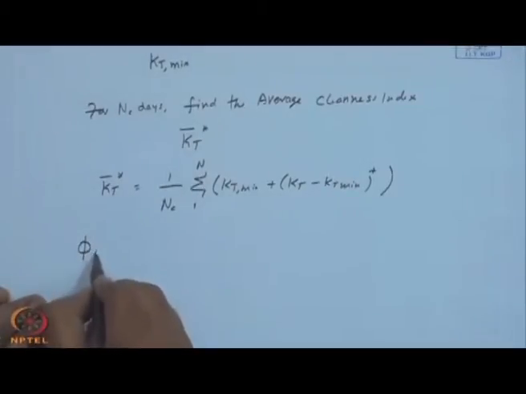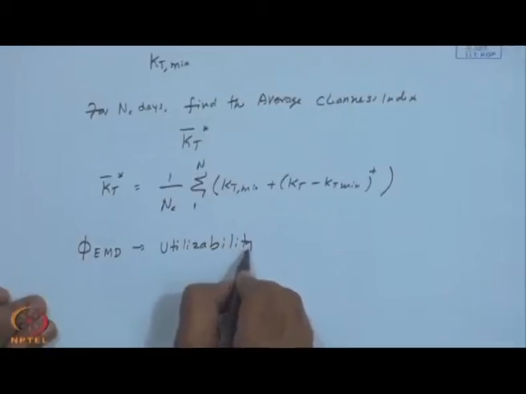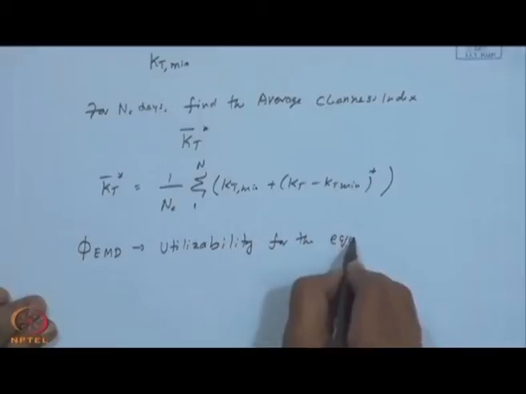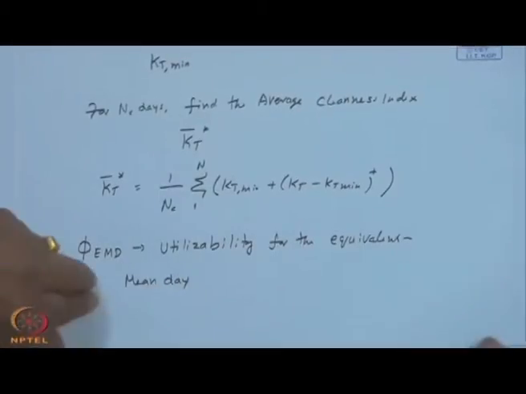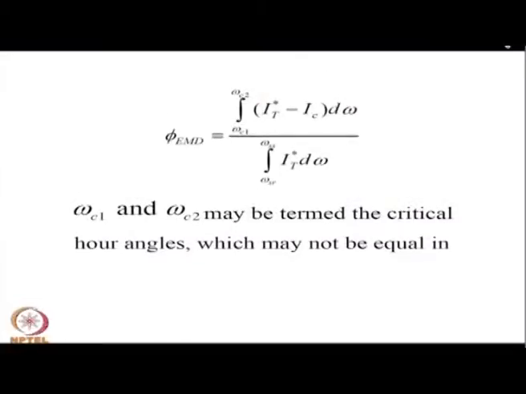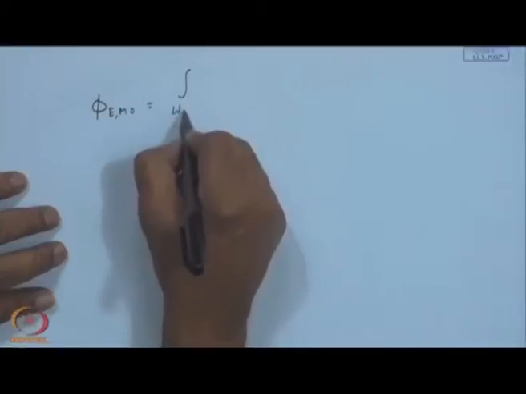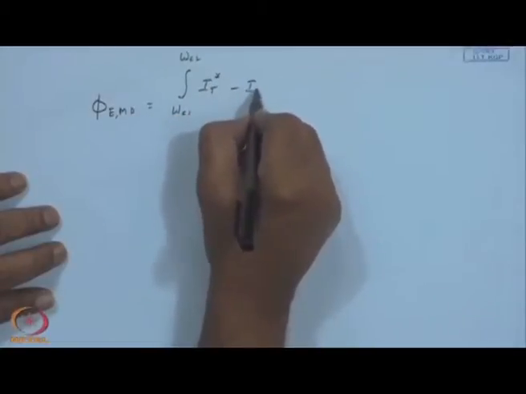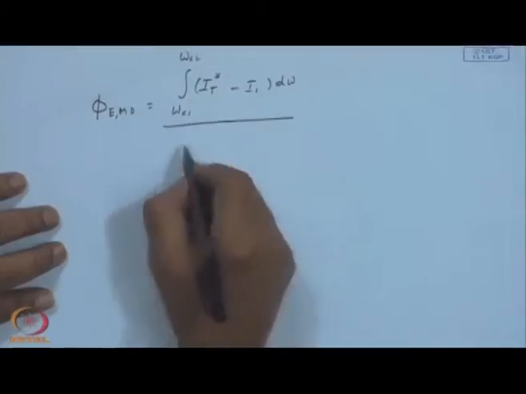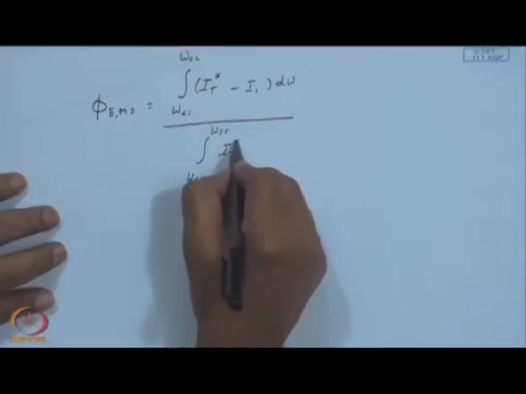So, the phi EMD, the utilizability for the equivalent mean day, one can express, because it is a single day, I can do it: integral omega C1 to omega C2 of (IT star minus IC) d omega by integral apparent sunrise hour angle to apparent sunset hour angle of IT star d omega.